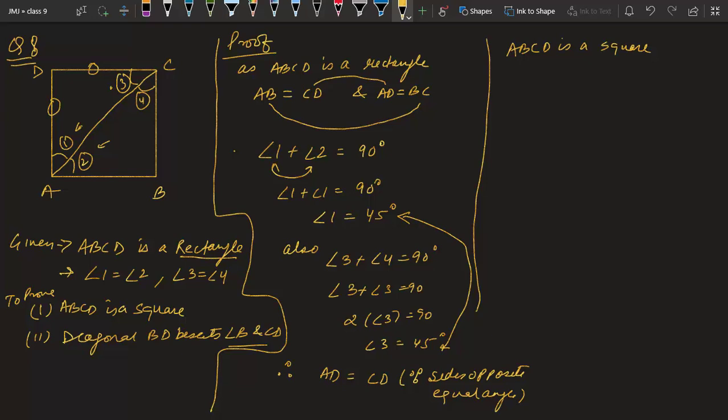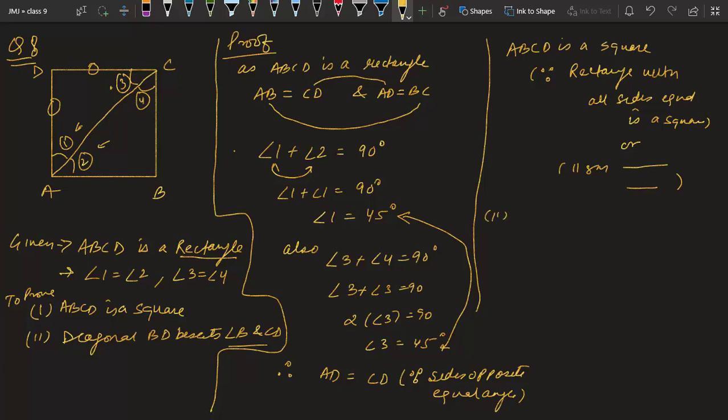So ABCD is a square because a rectangle with all sides equal is a square, or you can say a parallelogram with all sides equal and one angle equal to 90 degrees is a square. That also will work, no issue. Okay, so this part is done.